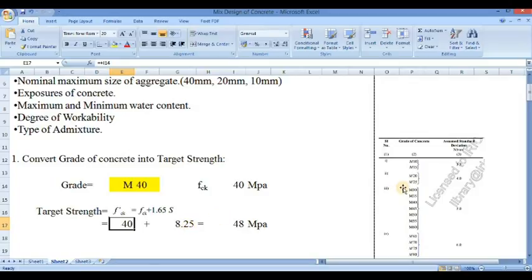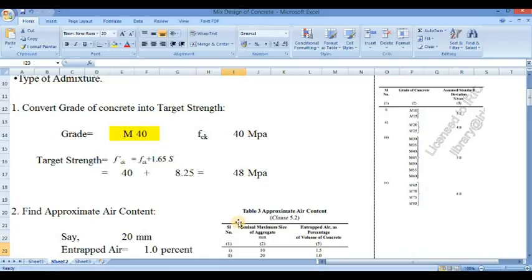As per the Indian standard code, for different grades of concrete there are different values of S, or standard deviation. Right now we have assumed M40. You can see here for M40, you have to assume the standard deviation as 5. So simply 40 plus 1.65 into 5. By calculating, we got 48 MPa. So based on 48 MPa, we will design our concrete, not based on M40.